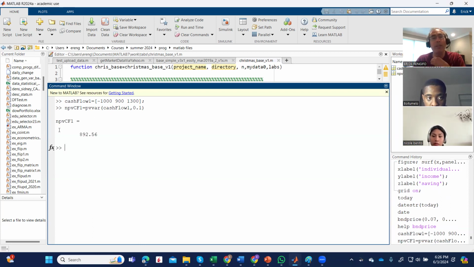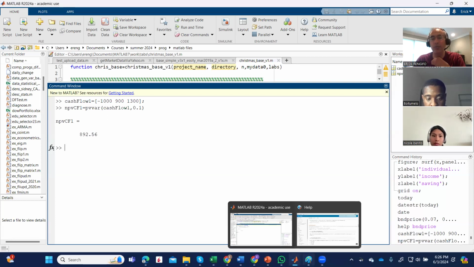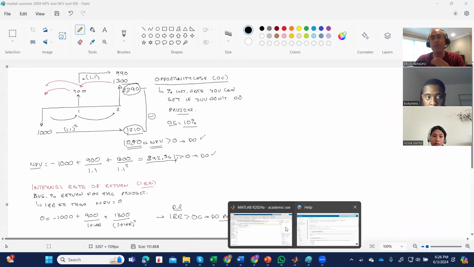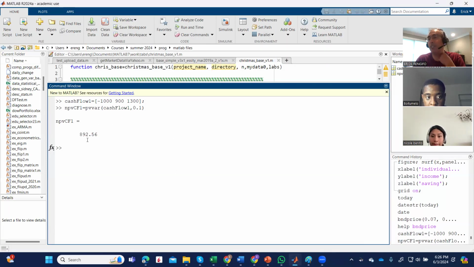You see, my present value is 892.56. I think we computed the same number. 892.56. Got it? This is my net present value. And I can also compute the internal rate of return. Let's say internal rate of return cash flow 1, and the command is internal rate of return of my cash flow 1.